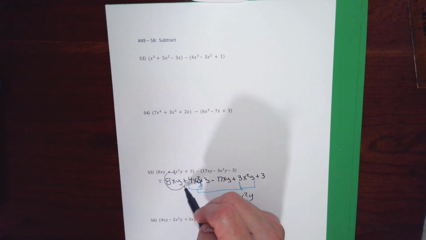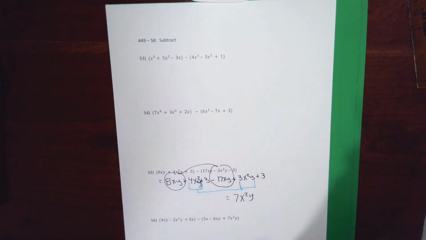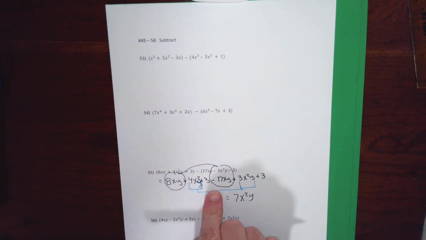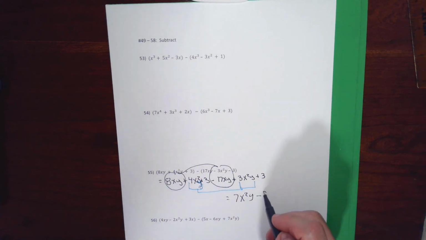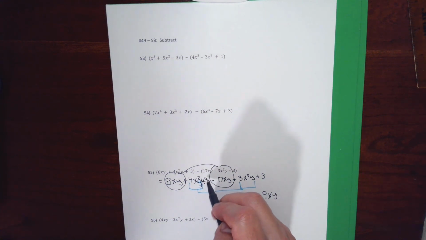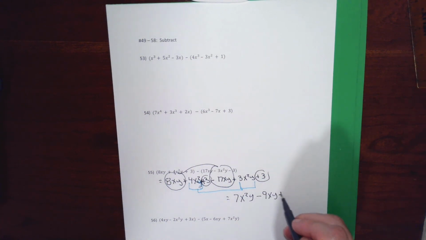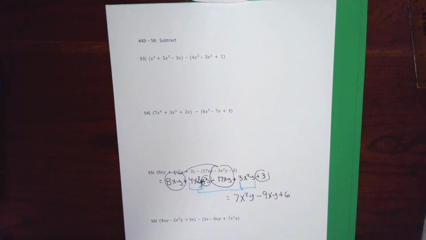And then I'm going to do the second degree term of 8xy minus 17xy. I'm going to go 8 minus 17 and get negative 9 and leave the xy. And then I have the constant, can barely see it, of plus 3 and plus 3. That's going to give me a plus 6.